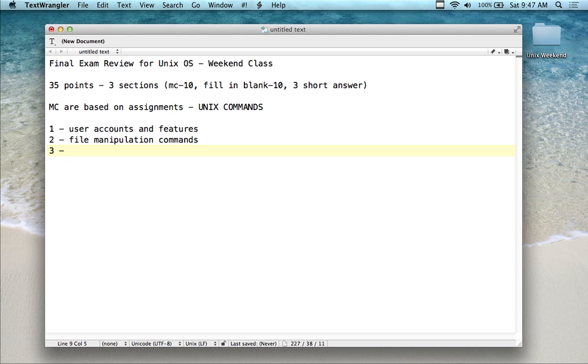Change mod, I'm not going to ask you what all the numbers mean, but you should know there's 3 groups: user, group, other, and that you're setting either numbers or you're setting +R, +RW, stuff like that on the change mod command.